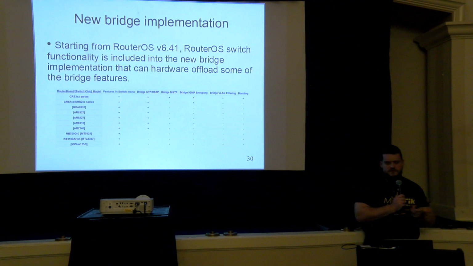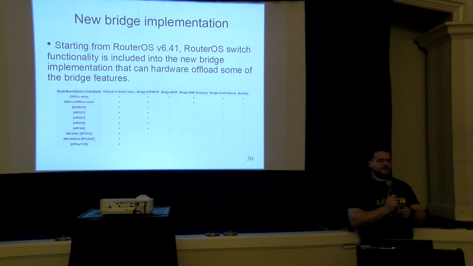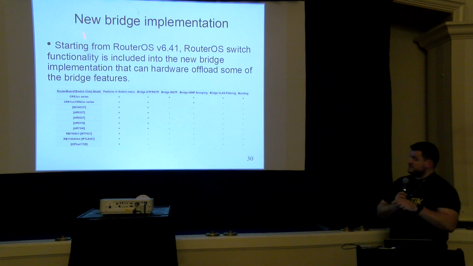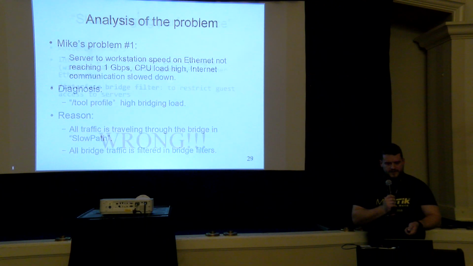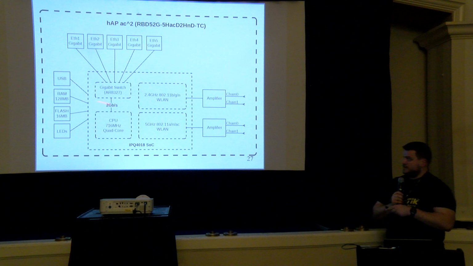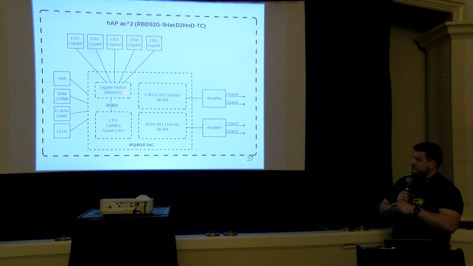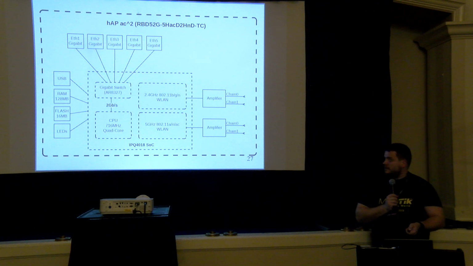But if we take a look at 6.41, we have this new nice hardware accelerated bridge implementation, which combines bridging and switching features. You can actually see this nice table about which features are implemented in hardware on our wiki page. And if we go back to the diagram, you can read that this device uses the AR8327 switch.